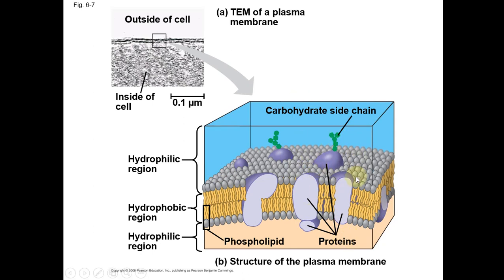Proteins have an attached carbohydrate side chain na tinatawag. Ganyan yung kanyang structure. This one is the TEM image, sabi ko nga TEM yung ginagamit natin. This is the outside of the cell, inside of the cell. Kung makikita nyo, double layer. Dalawa yung layer niya. Dalawa yung ulo, baba tsaka taas, tapos dalawa yung tails sa gitna. Okay po?